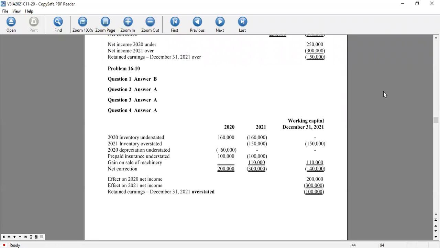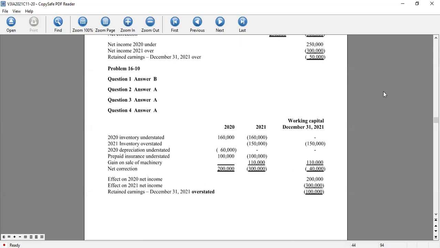In number two, the net income for 2021, 300,000 overstated. And the effect in number three on retained earnings on December 31, 2021, the answer is 100,000 being an overstatement.